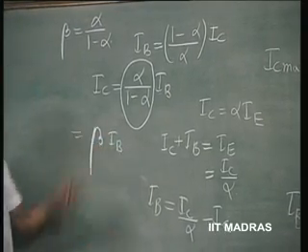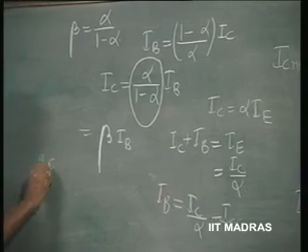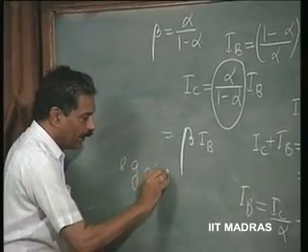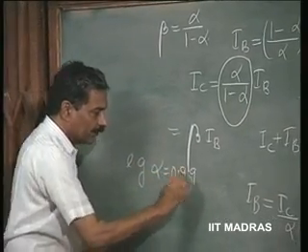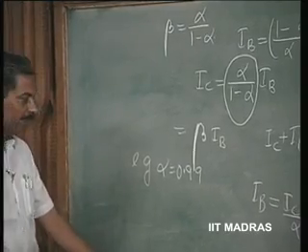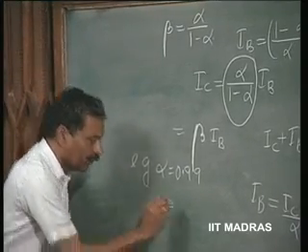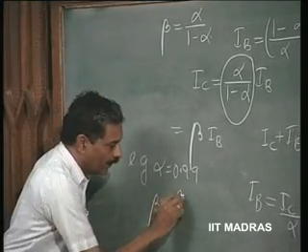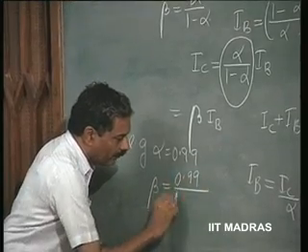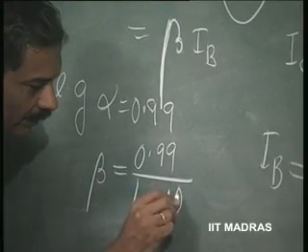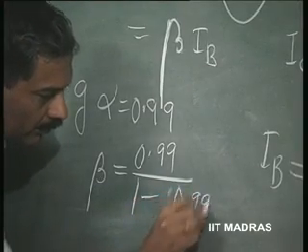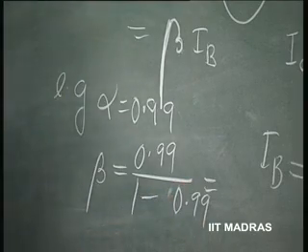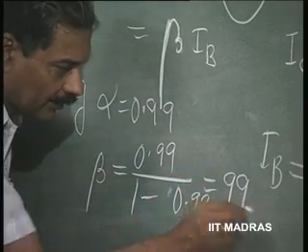If, for example, alpha equal to 0.99. Find beta. Beta is therefore equal to alpha by 1 minus alpha, which is 99.